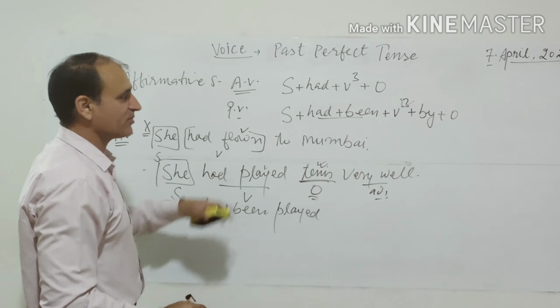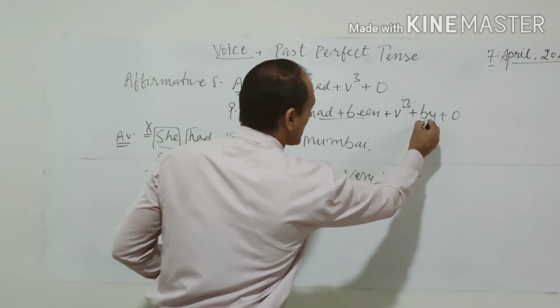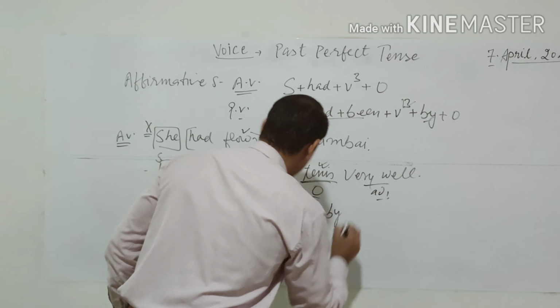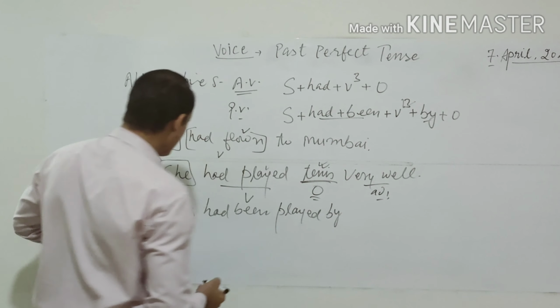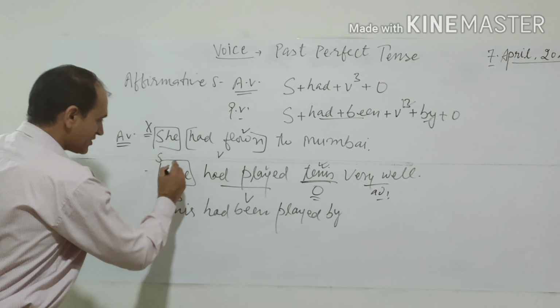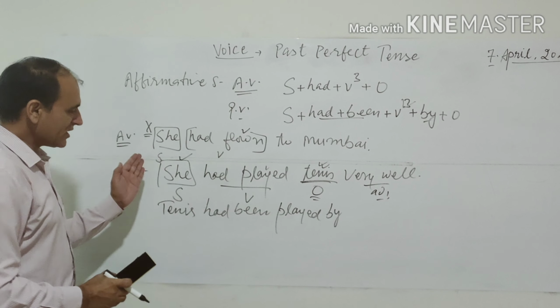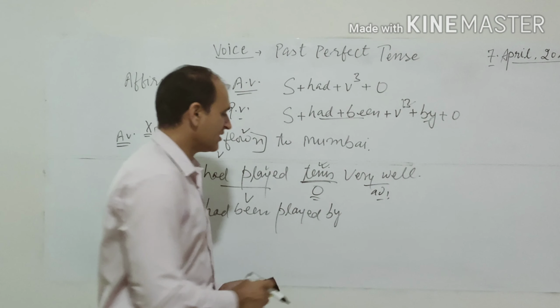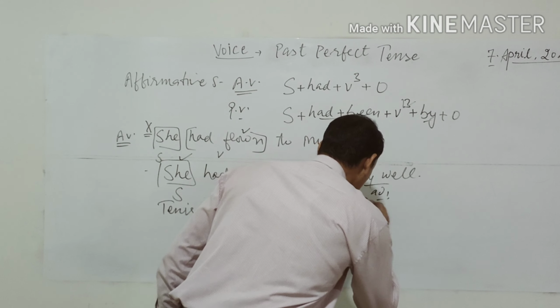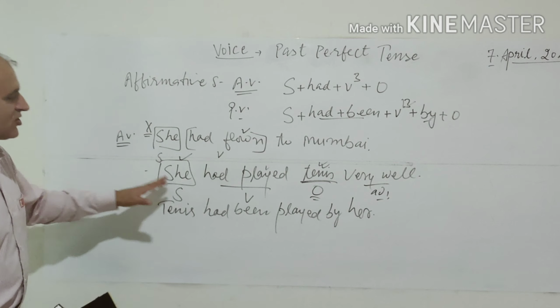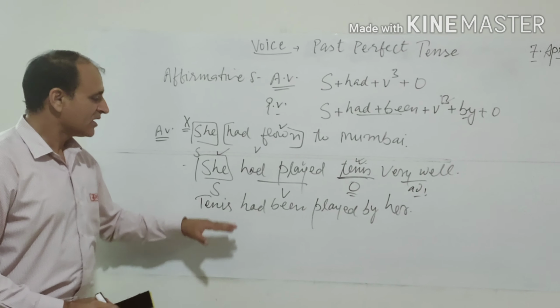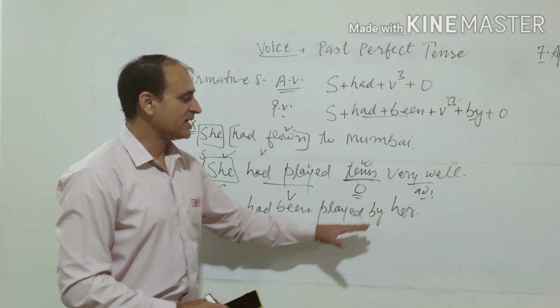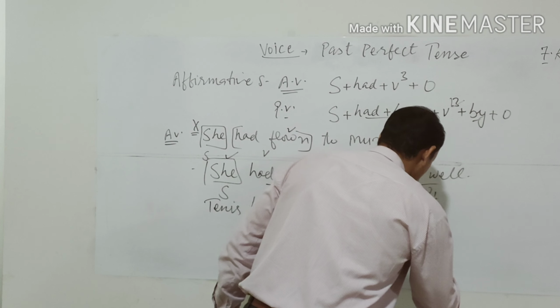This is already put up in active form also, and then by, then object. We'll be making the subject into object. So the subject of this sentence is she. When she is transferred to the place of object, it becomes her. And this is our sentence. She had played tennis very well. Tennis had been played by her very well.